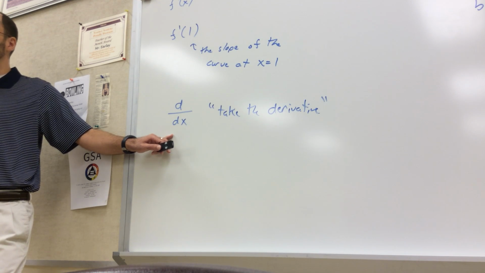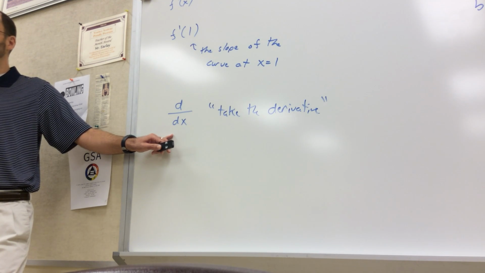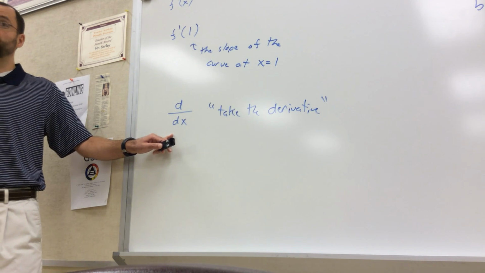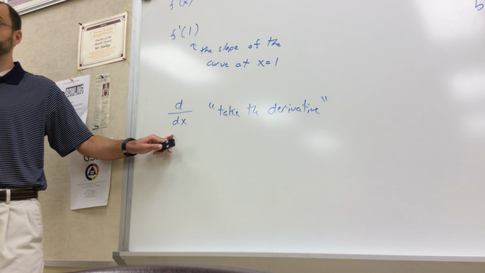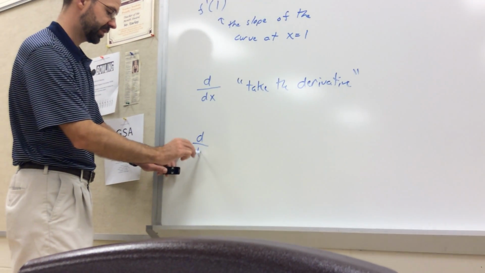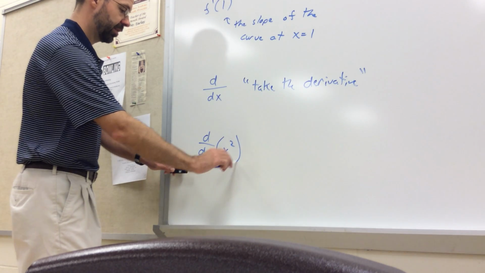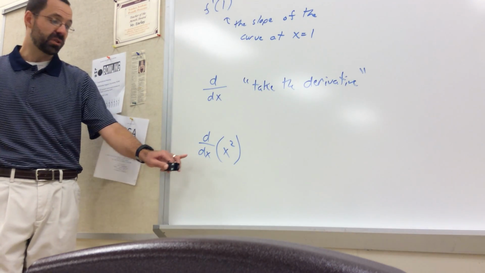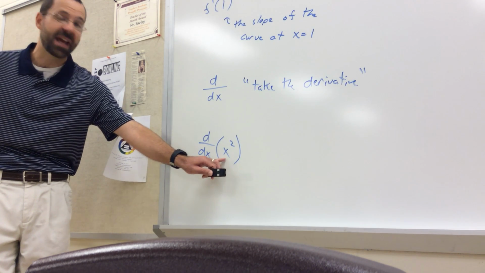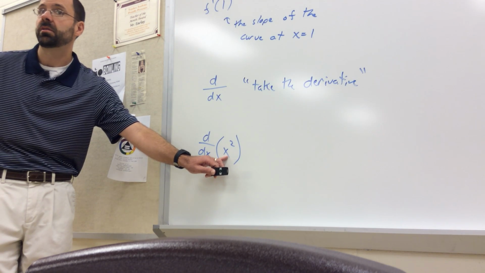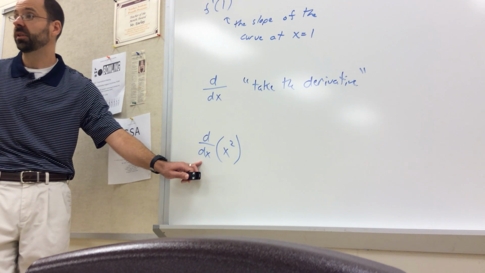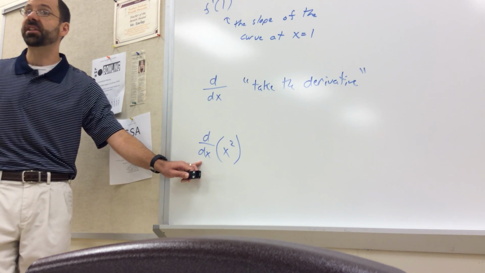So in example 2, I gave you f of x equals x squared, right? And then I wrote out the sentence, take the derivative of f of x. I could have avoided all that language and just written d dx of x squared. So this would mean find a formula for the slope of the curve, and the curve I'm asking about is x squared. d dx means find a formula for the slope of the curve, but I can only do that if I know what the curve is.